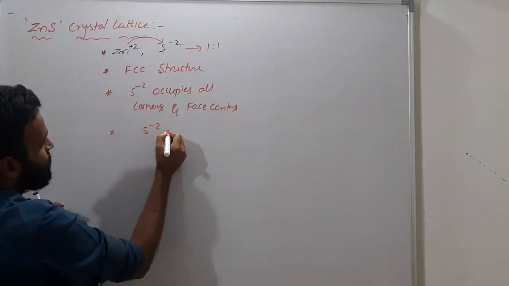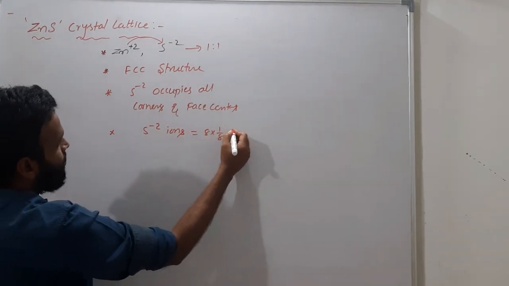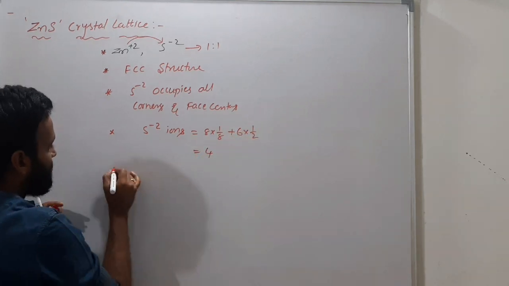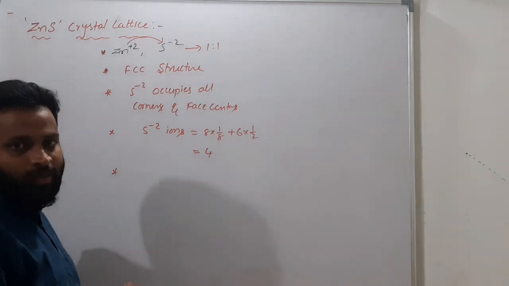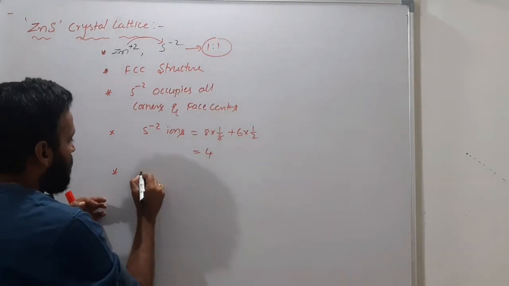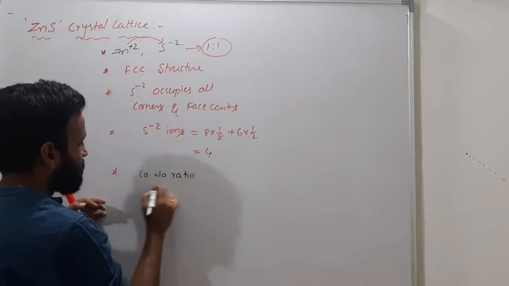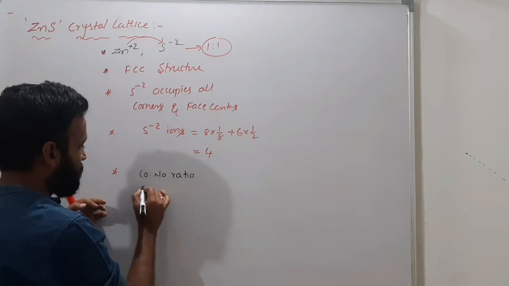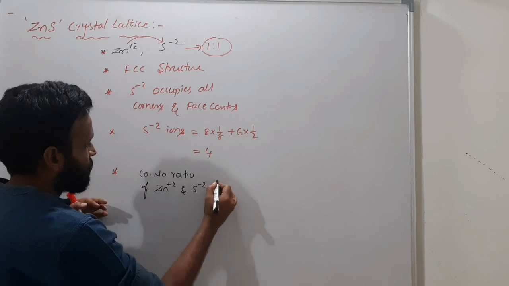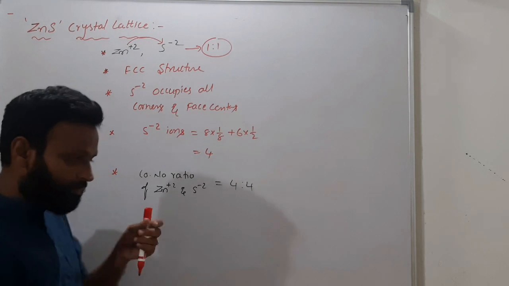So how many S2- ions are there? It's 8 into 1 by 8 plus 6 into 1 by 2, that means 4. The same number of Zn2+ ions will be present because they are in a 1:1 ratio. So what is the coordination number ratio of both? The coordination number ratio of Zn2+ and S2- is 4:4.